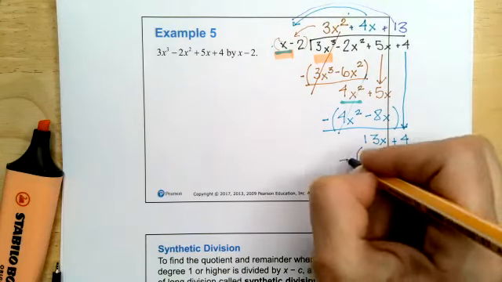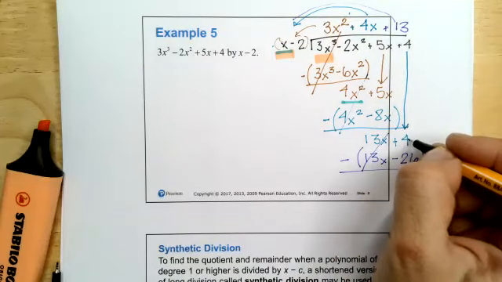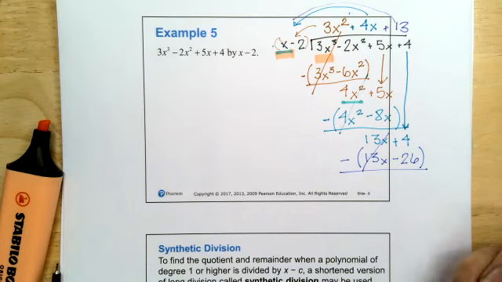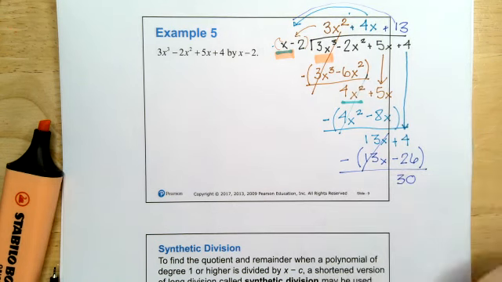Remember, we're going to subtract that whole thing. 13x minus 13x cancels. 4 minus a negative 26 is like adding 4 and 26. So 26 plus 4 is 30, right?